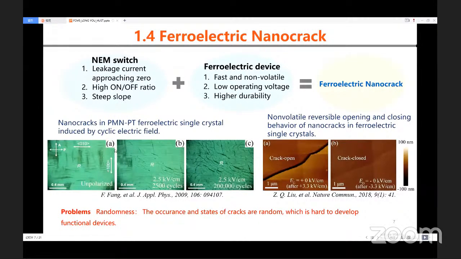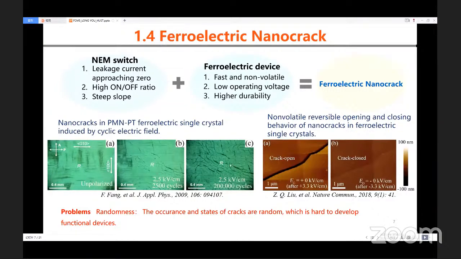Previous studies have shown that under cyclic electric field, cracks with nanoscale widths can be induced in piezoelectric single crystals. Interestingly, the crack can open and close with the piezoelectric domain switching, which can act as a mechanical switch.